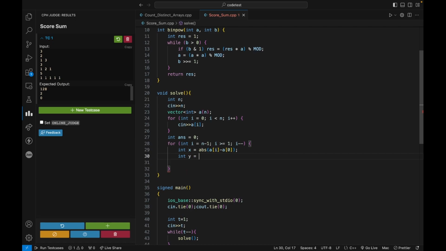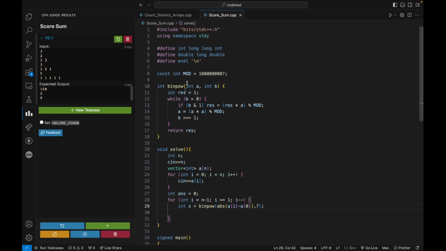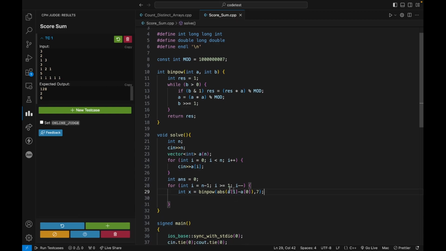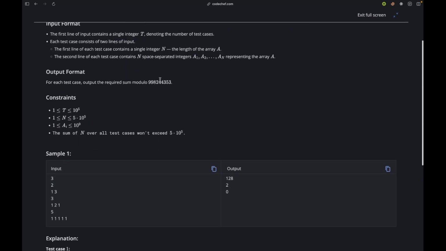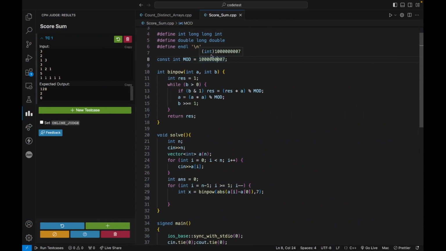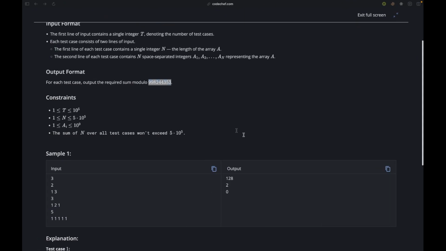So int y is equal to, or I can say, okay, binpow this to the power 7, because this function will calculate the power this to the power 7 and take modulus. Let's change this number here to this. Okay, so now this is to the power 7 and mod all, and the mod has been taken.